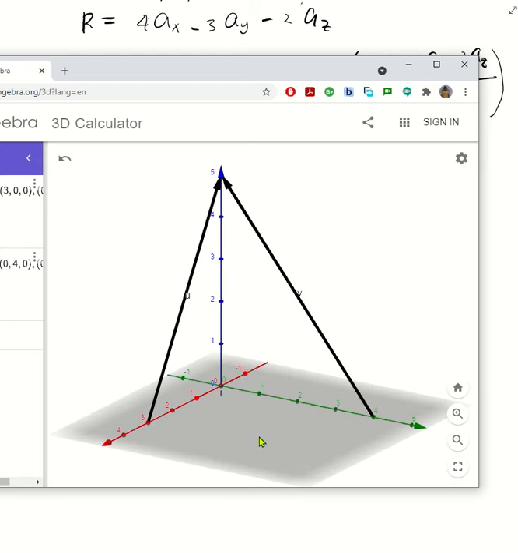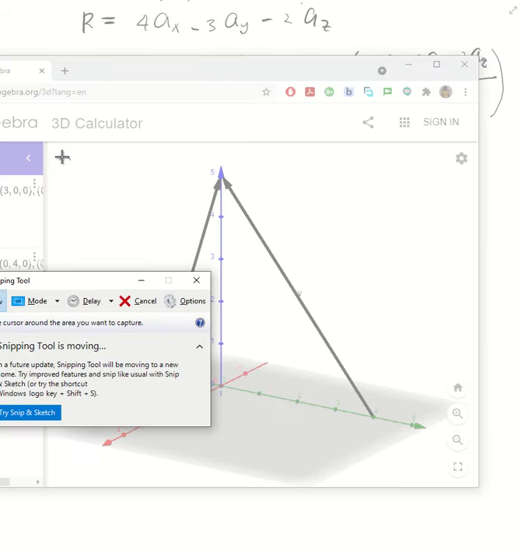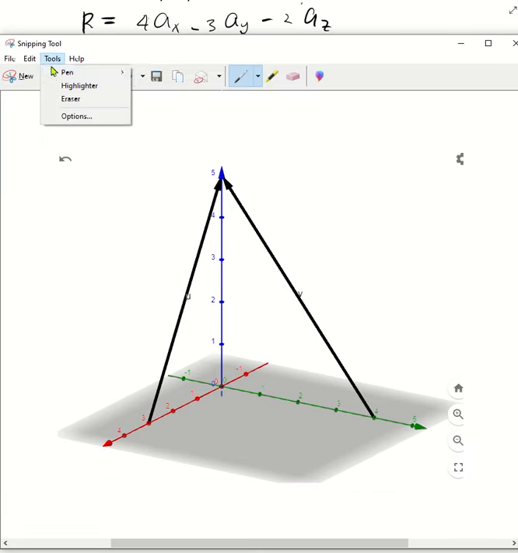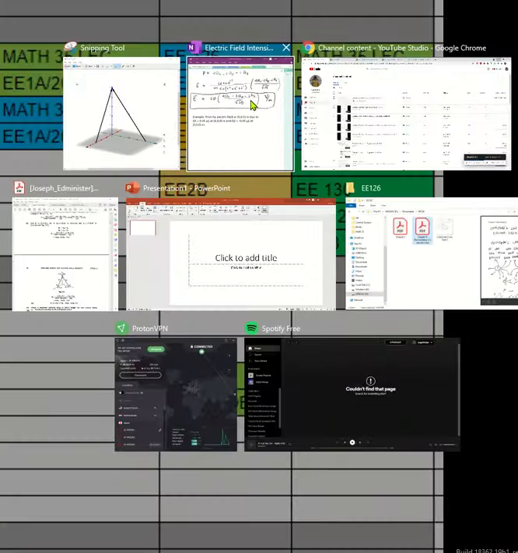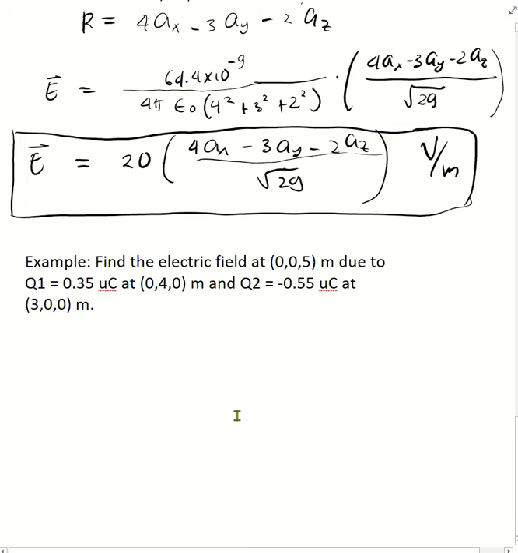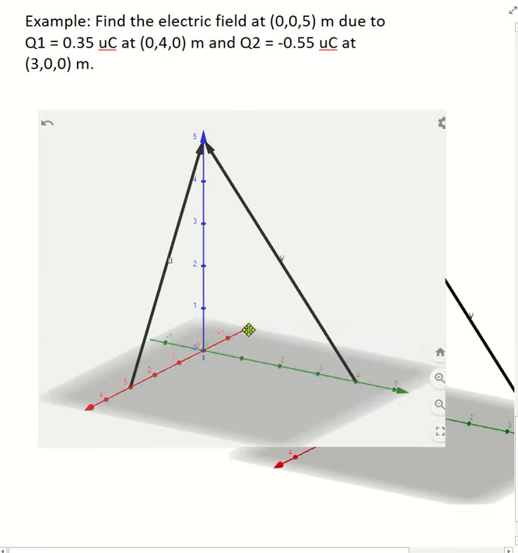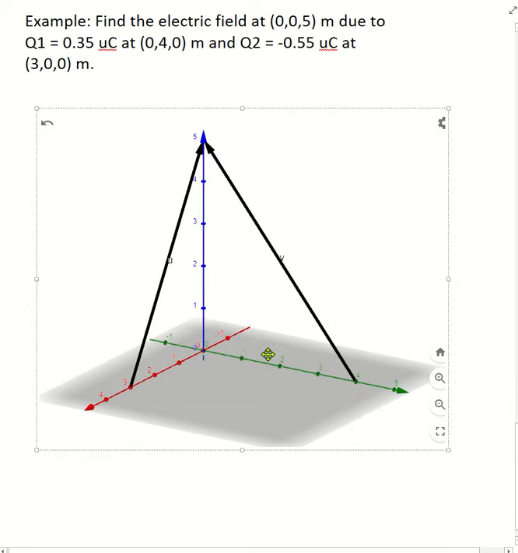And these are the two charges. So let's try to snip this one and paste it. So this is now our graph.